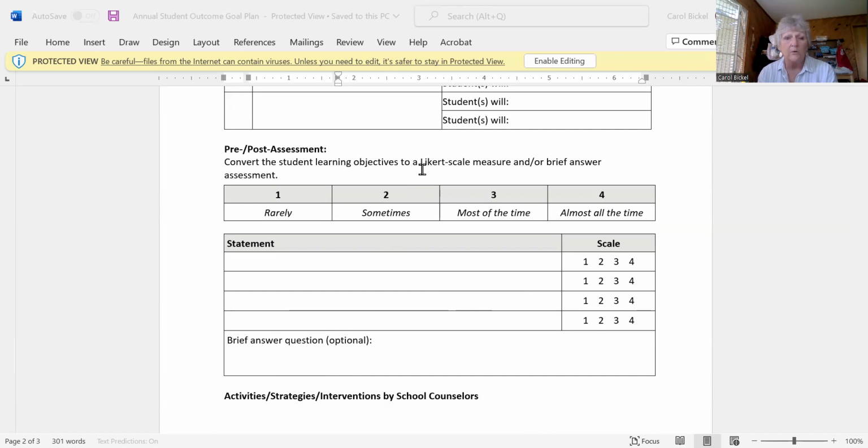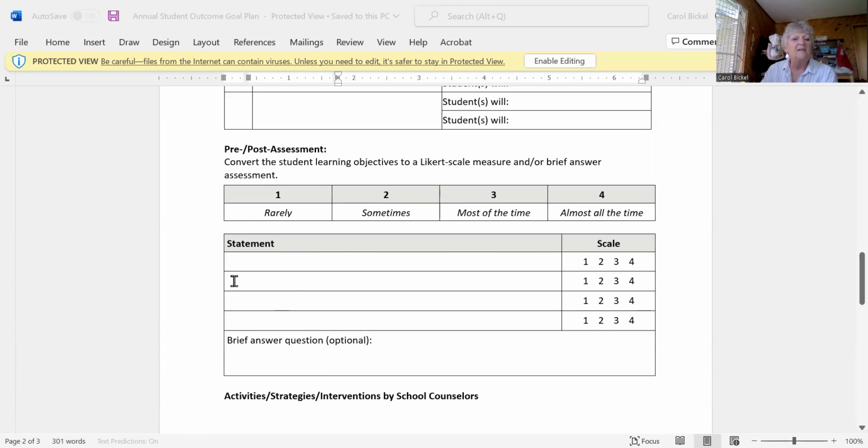This is student-oriented. So it's on a Likert scale. One statement for failing ninth graders you can use is, I turn in my homework all the time, or most of the time. Rarely, sometimes, most of the time, almost all the time.